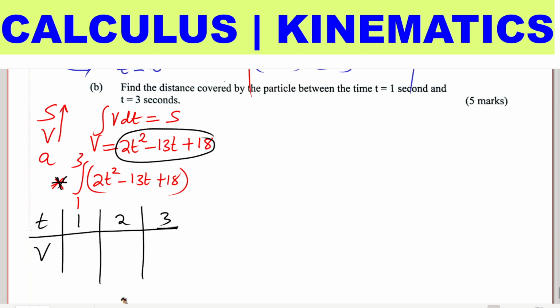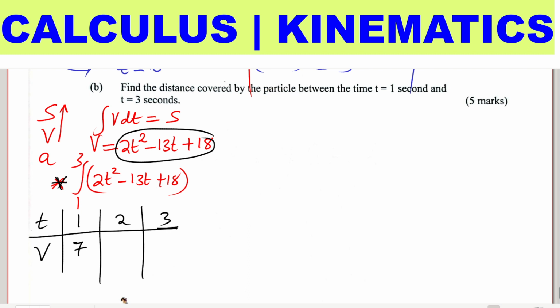So this will give 2 minus 13 plus 18, so that will give 7, which is positive. And then when t is equal to 2, this will give 8 minus 26 plus 18.